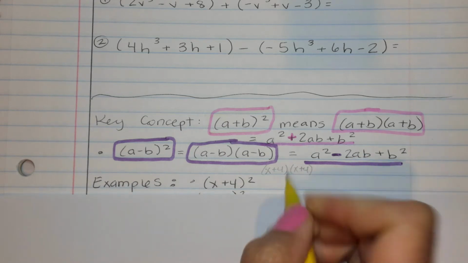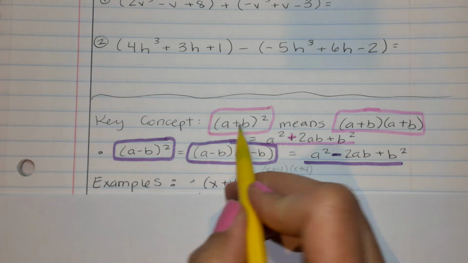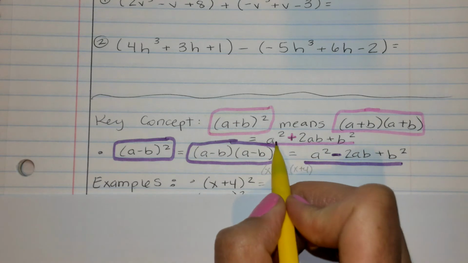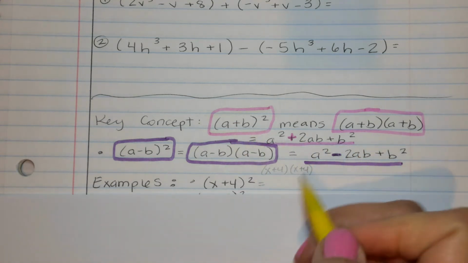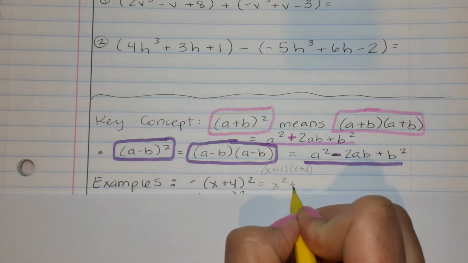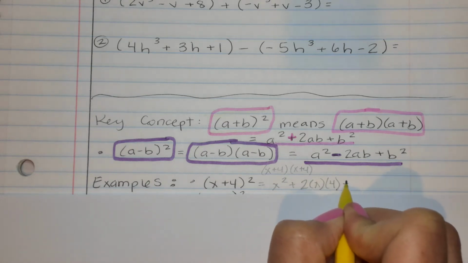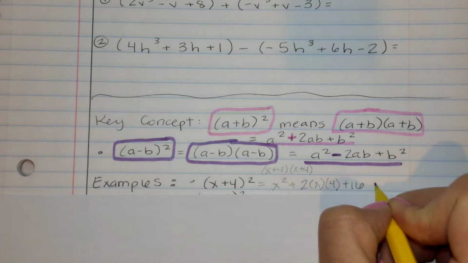If you want to distribute, you could, but I'm going to show you how to use the shortcut. Since it's a plus, I'm looking at this one: a squared plus 2ab plus b squared. So I would do x squared plus 2 times x times 4 plus b squared, which is 4 squared, so I'm just going to put 16.